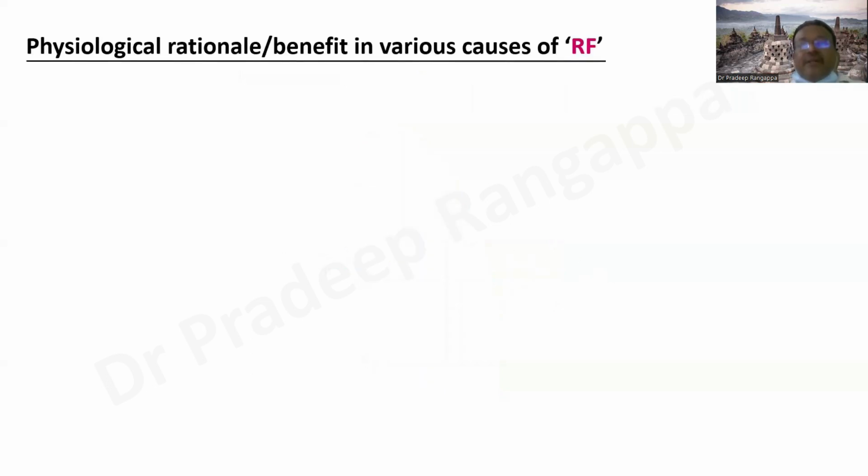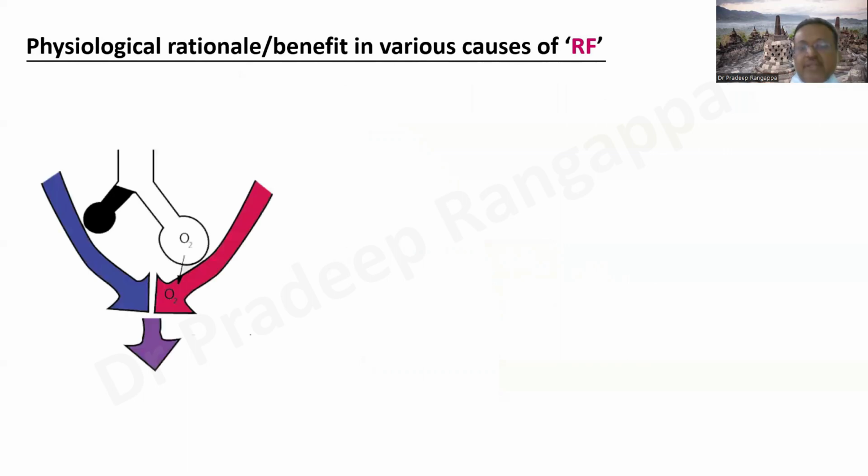So what is the physiological rationale or benefit of using NIV in respiratory failure? As I said, in addition to all those pressures, it overcomes the elastic pressure, the resistive pressure, and the threshold pressure, and it offers PEEP. So by doing all this, it significantly reduces the shunt fraction.